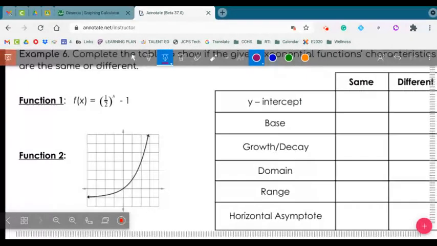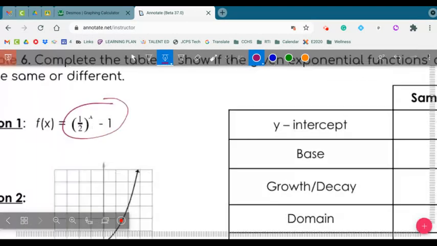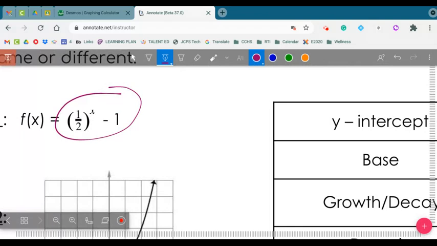Okay, last problem. Our same and different. So what we want to do is we want to plug this into our calculator and sketch our graph. So if we plug it into our calculator, and I'm just going to plug it into my calculator and sketch my graph. Make sure you guys are sketching these, okay?